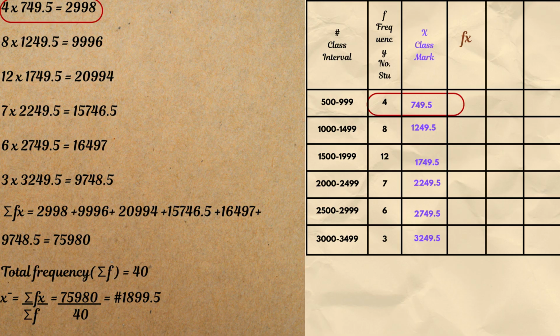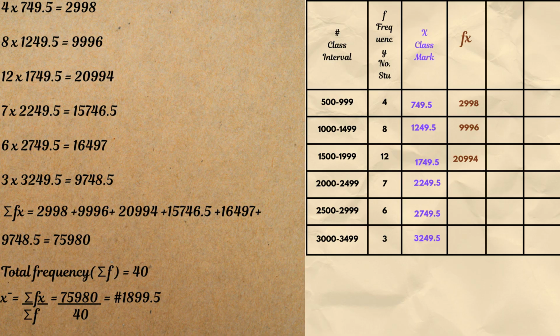First row, 4 times 749.5 equals 2,998. Second row, 8 times 1,249.5 equals 9,996. Third row, 12 times 1,749.5 equals 20,994.